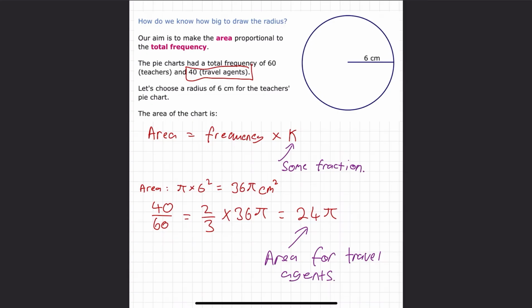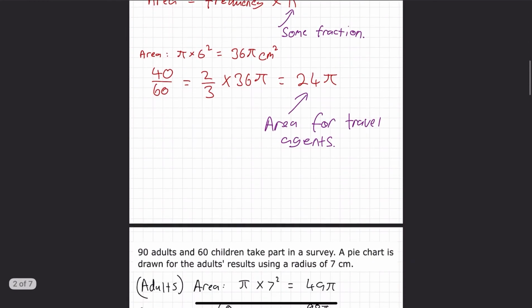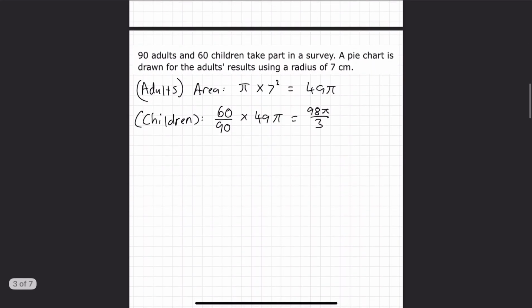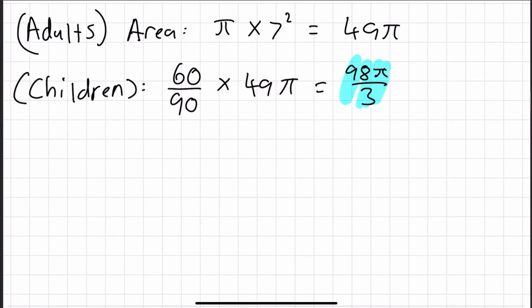So now, I want to go that extra step further, and I want to find the radius of these answers. So we know the radius for adults is 7 centimeters. What about the radius for children? So what we need to work backwards is we need to start by writing pi r squared is equal to 98 pi over 3.